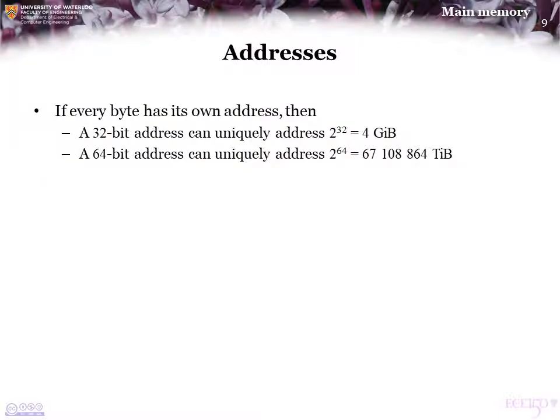Alright, so if every single byte has its own address, then a 32-bit address can uniquely address 2 to the 32, or 4 gigabytes, of main memory. A 64-bit address can uniquely address 2 to the 64, or approximately 67 million terabytes, of main memory.